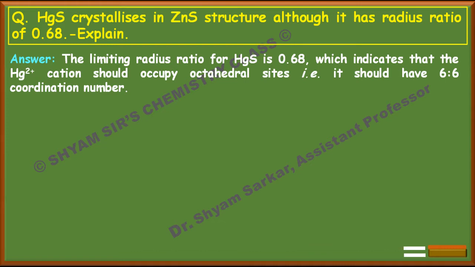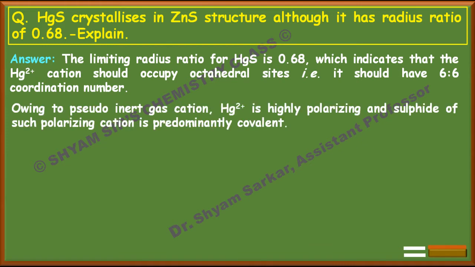Why is ZnS structure forming? See here, owing to pseudo inert gas cation. If you see the electronic configuration of the Hg2+ ion, it is just like a pseudo inert gas type of cation, and because of this it is highly polarizing, and also sulfide is there.